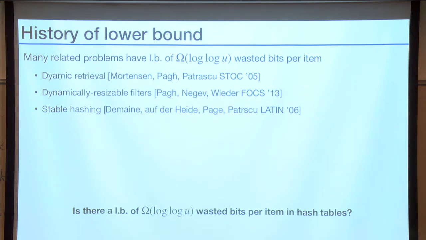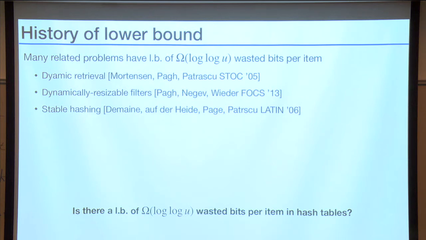For dynamically resizable filters, we also have a lower bound of log log u. And this is true for all dynamically resizable filters, even in the very simple case where you have a filter that you're incrementally inserting items into, and it's growing over time.